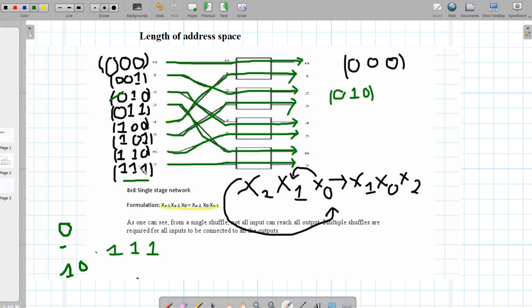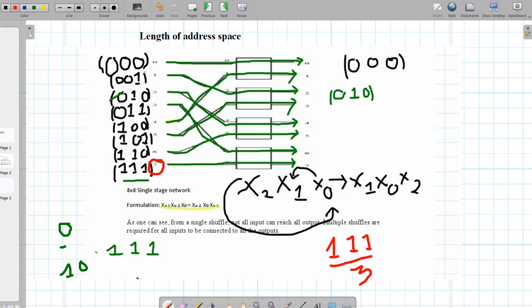That was because among all the addresses, 7 is the largest value here. Let me encircle it with another color. Now, if you convert 7 into a binary number, it is going to be 1, 1, 1. So, the length of 7 is 3.